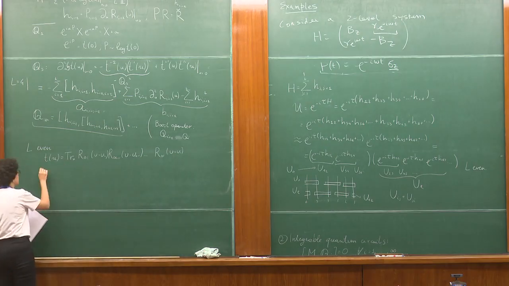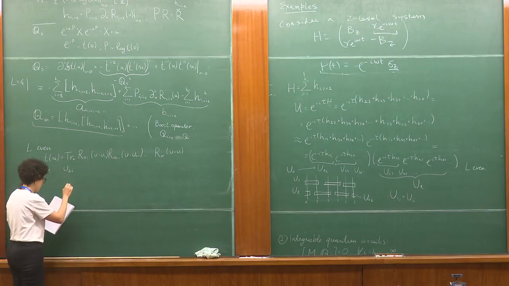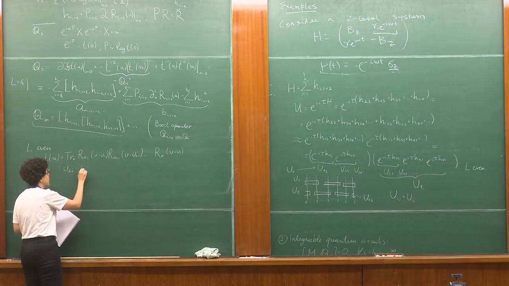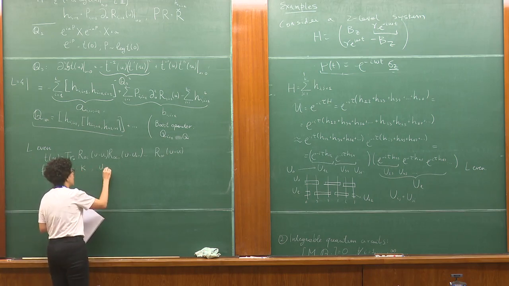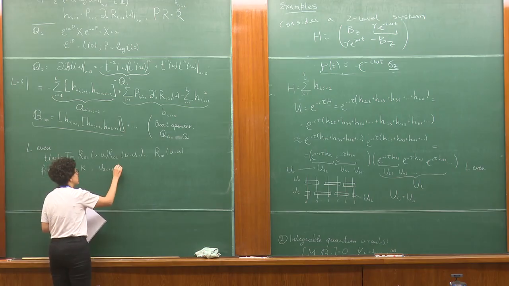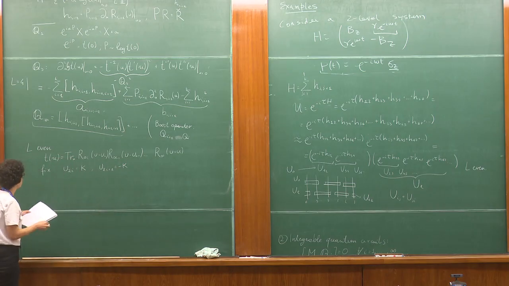I make this choice. I fix U_i for all the even i equal to kappa, and all the odd i, U_{i+1}, I fix equal to minus kappa. So what happens?